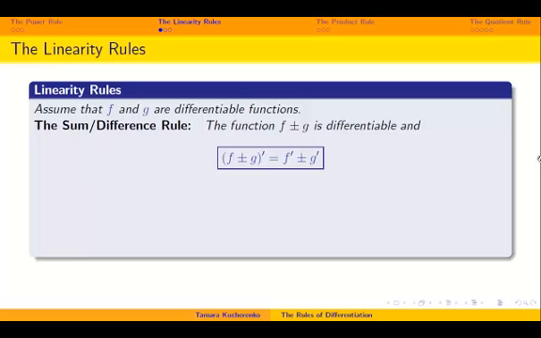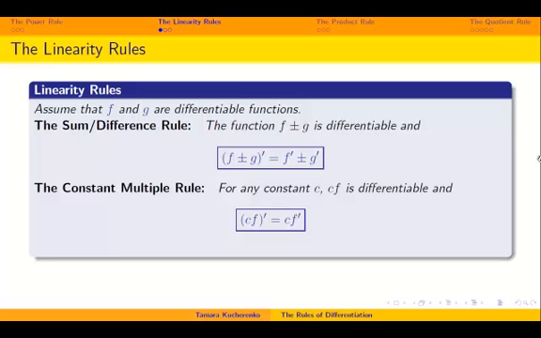The sum difference rule states that the function f plus or minus g is differentiable and f plus or minus g prime equals f prime plus or minus g prime. So the derivative of a sum or difference of functions is the sum or difference of the derivatives.